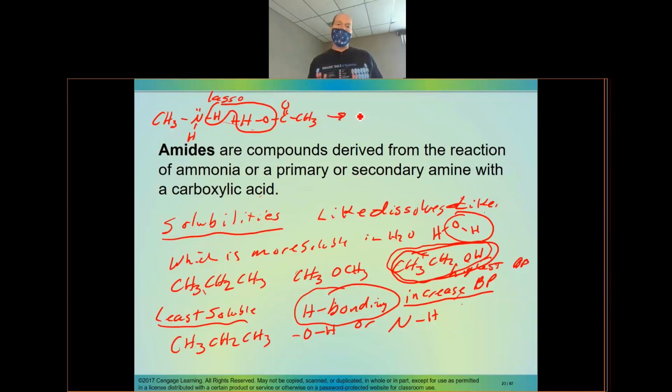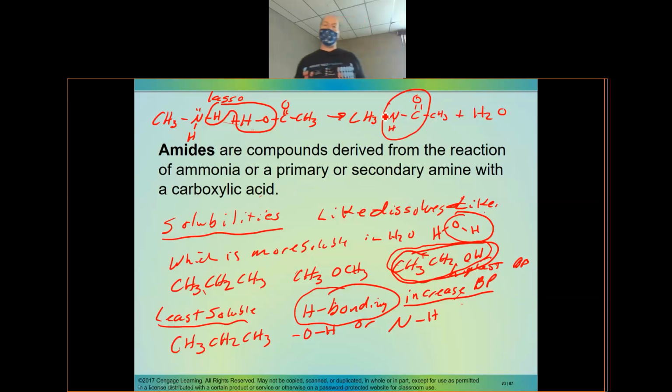And so my organic compound, CH3-N-H, is now connected to a C double bond O and CH3. And then the small molecule that comes out is water. So that is a condensation reaction, and so we see that we have an amide.